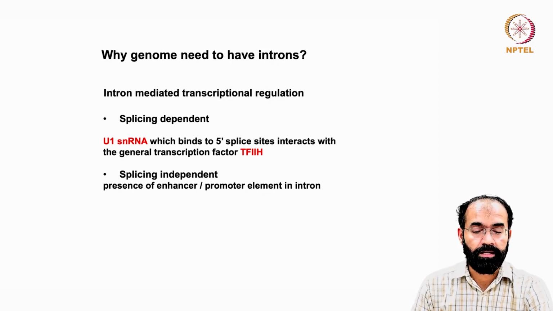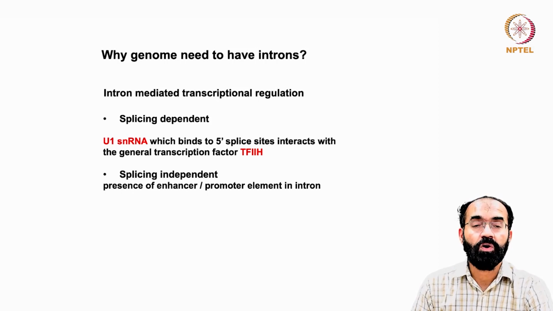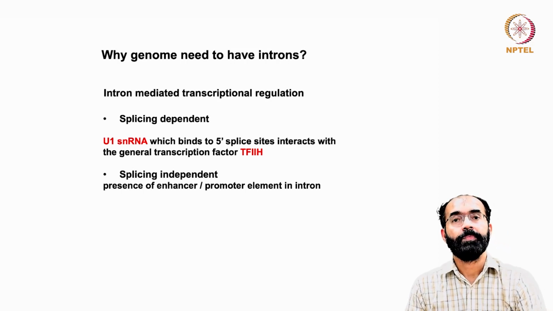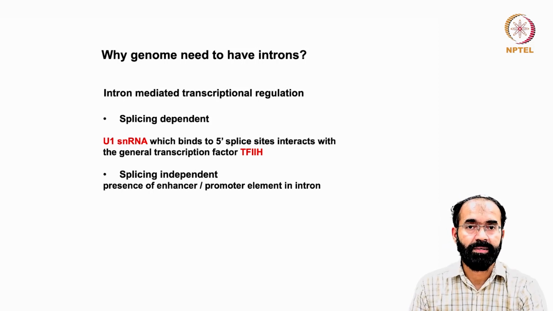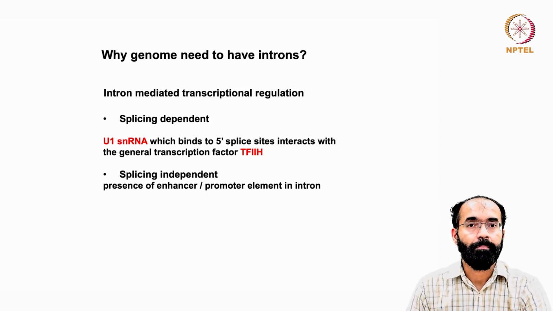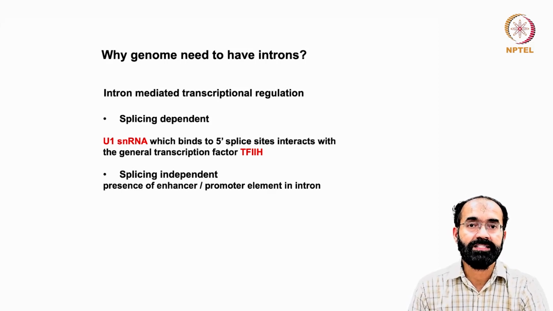And then another regulation is splicing independent. What is that? The presence of enhancer and promoter elements is seen in the introns. Normally, when you say enhancer or gene regulator, it means it can attract some transcription factors. In many genes, the first intron can attract factors that can influence the transcribability of the gene.